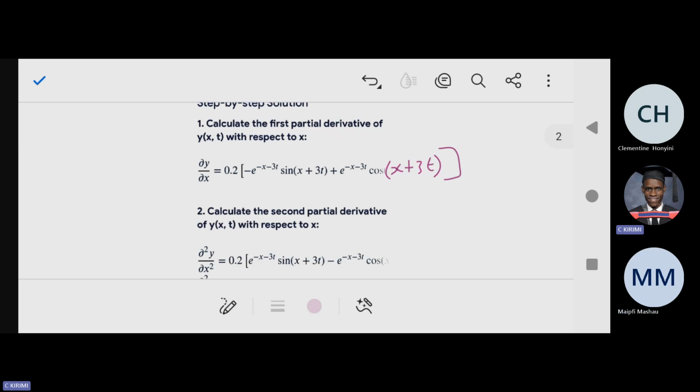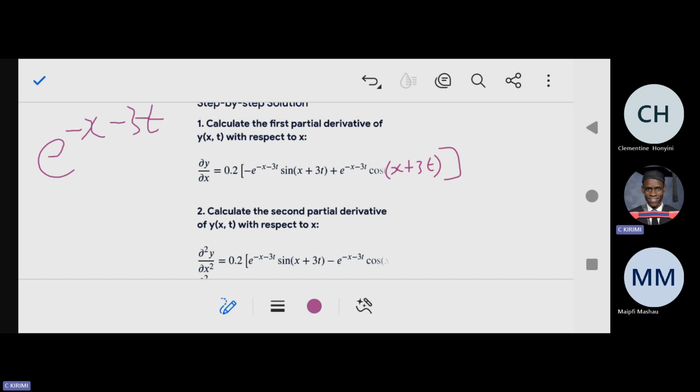So here we differentiated e first. Remember, it's e to the power minus x minus 3t. If you differentiate this one with respect to x, what are you going to get?